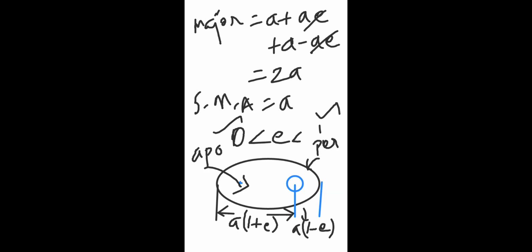So in reality, that orbit will be like an ellipse. This black color is the orbit of the satellite. This is the Earth. From the Earth center point, the longest distance to the satellite is called apogee.